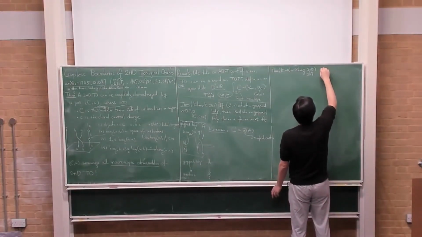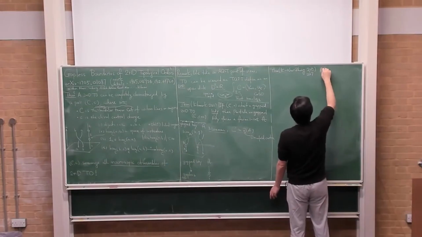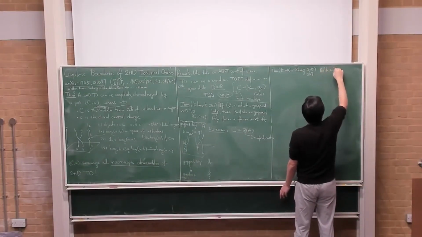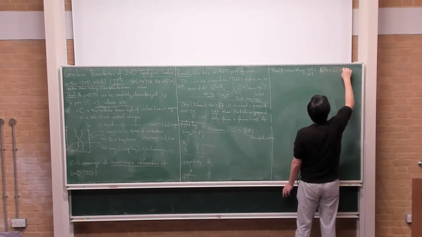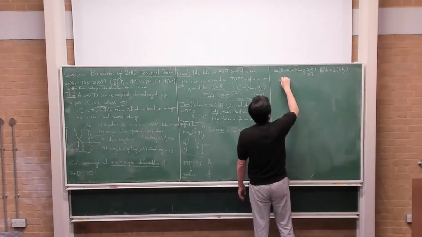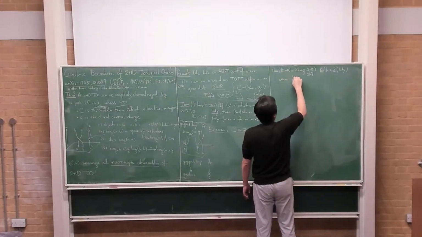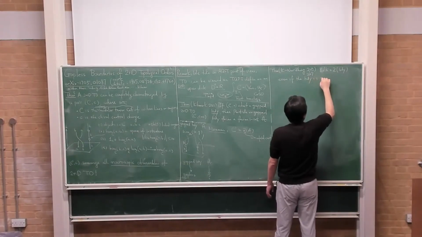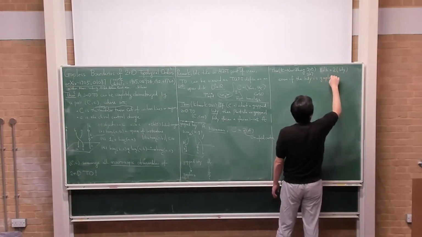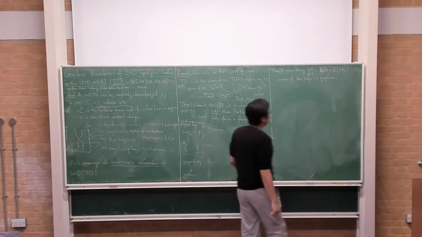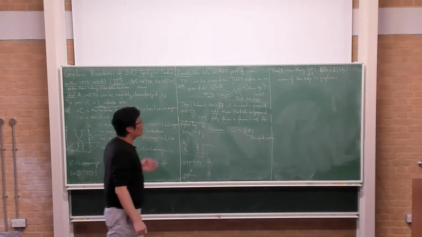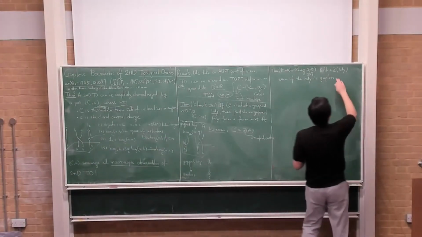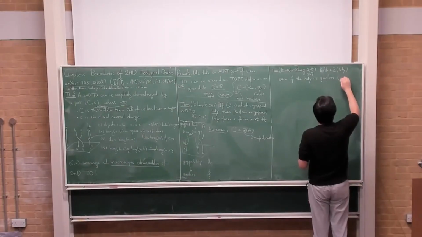It says that the bulk is somehow the center of the boundary, even if the boundary is gapless. This is a theorem that works in any dimension, in any dimension.